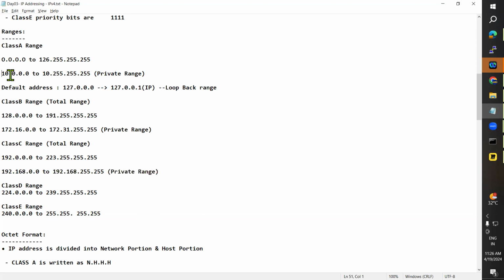For example, after 10.11 is public, 173 is public. So if you remember this private range, all the rest are public IP addresses.